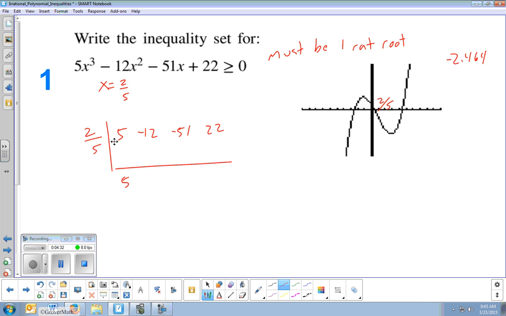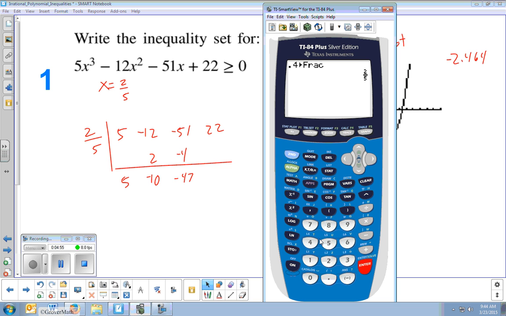I could times 2 first, then divide 5, or I could divide 5, then times 2. In this case, I think dividing 5 would be easier because 5 divided by 5 is 1, times 2 is 2. These combine to be negative 10. Divided by 5 is negative 2, times 2 is negative 4. Let's see, this will combine to be negative 47, and that one I actually will use my calculator for.